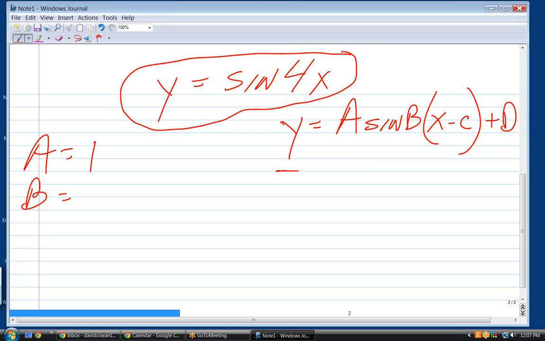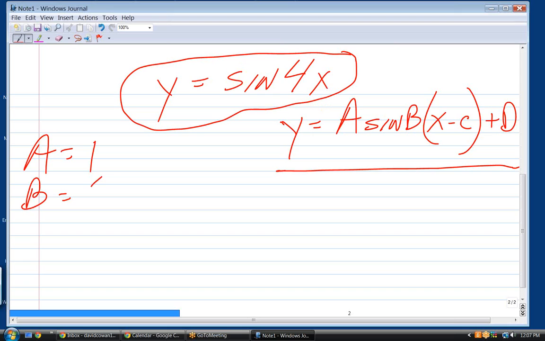So this is, however, the general formula of a sinusoid function. And at some point, you'll get all 4 of these letters. For now, let's just work with the degree of difficulty that you have, which is determining A and determining B. What would B be in this case?